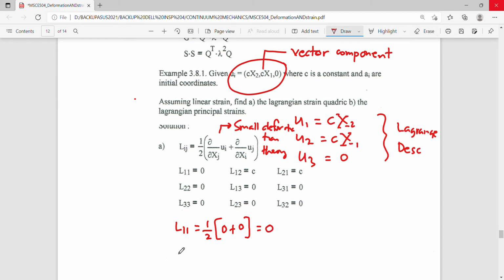Okay, and if I have an L12, this is 1 half.